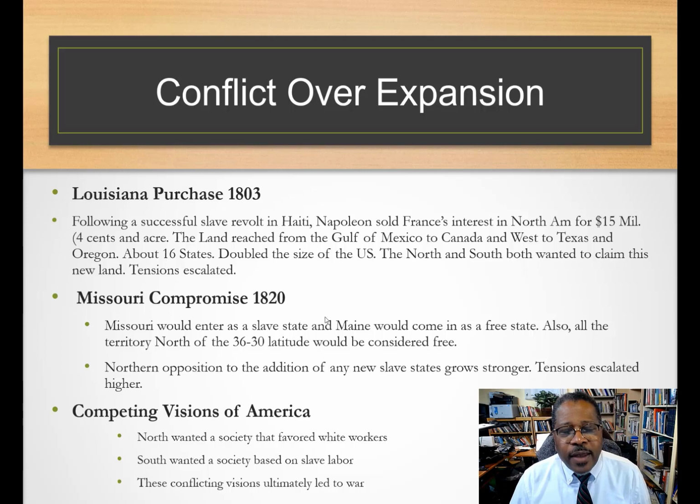The South wanted a society based on slave labor. Even though this disadvantaged white workers in the South, the support for slavery, even though it was against the economic interests of working class white people, they so much identify with the ruling class of planters. It also provided them not so much economic advantages as much as social status as being white in a section of the country where there are black people.